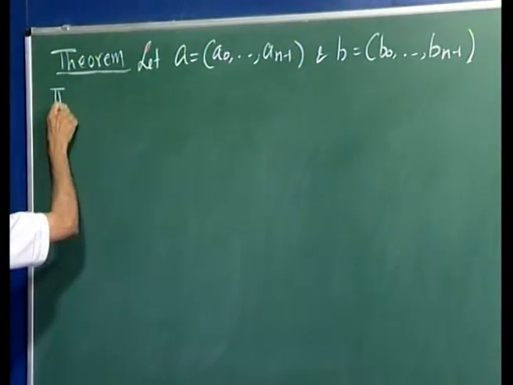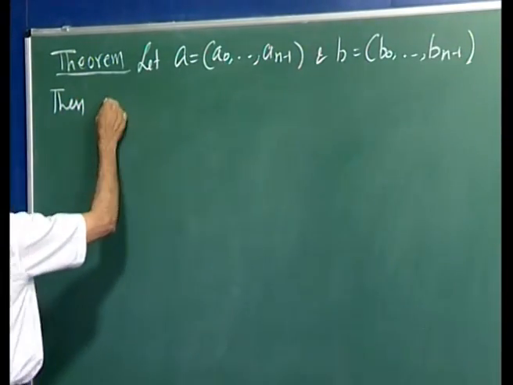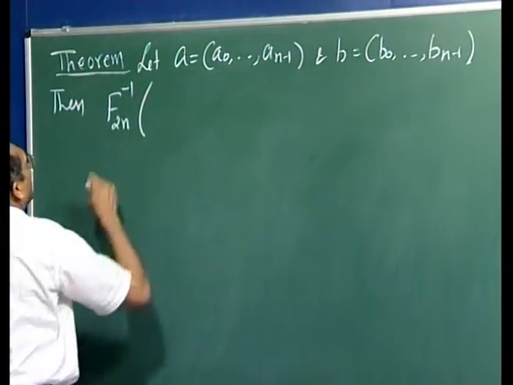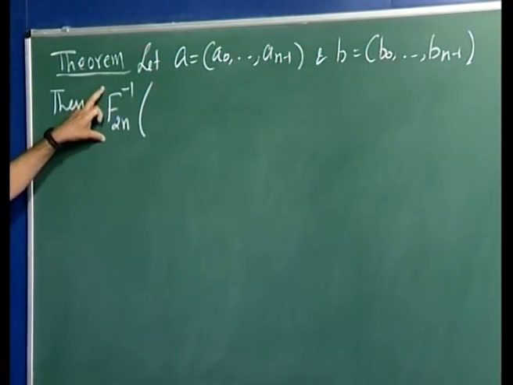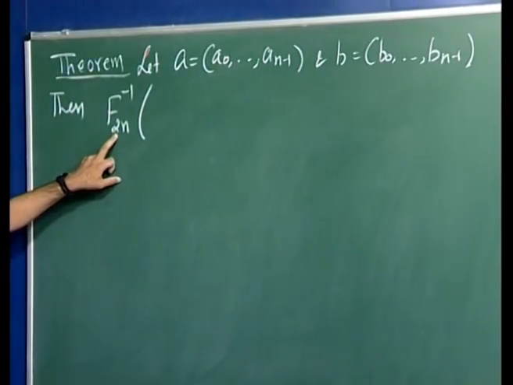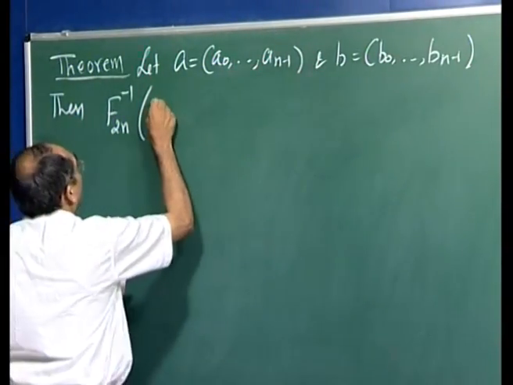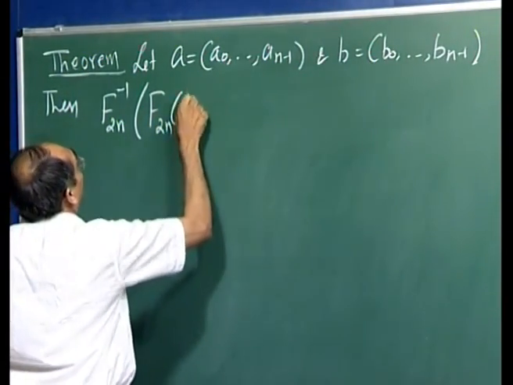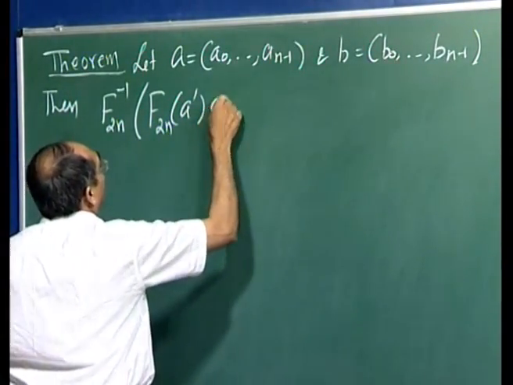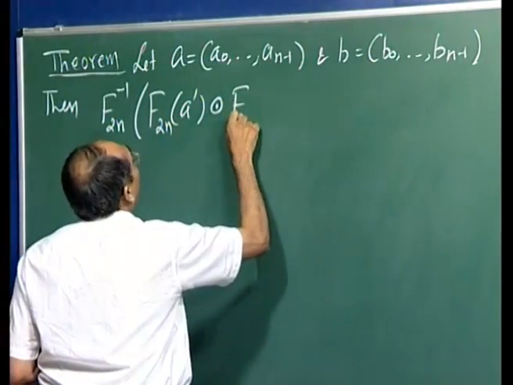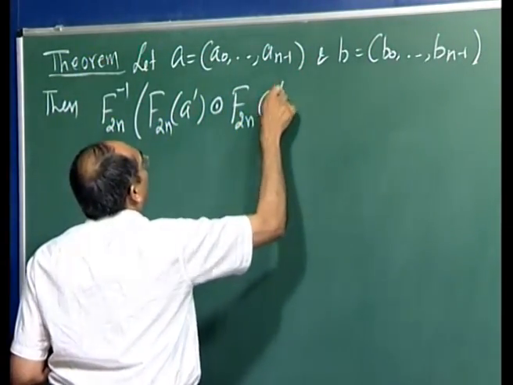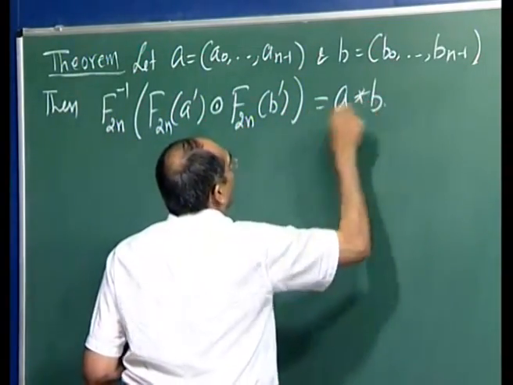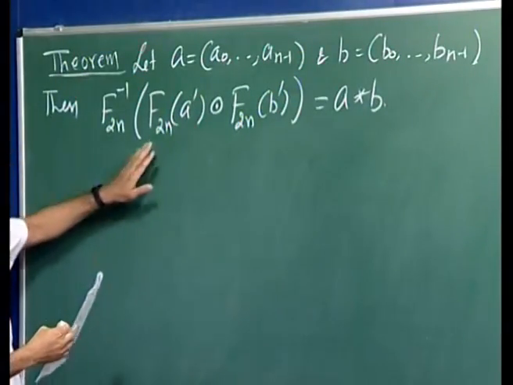Then the inverse Fourier transform of size 2n of the Fourier transform of size 2n of the vector A prime, times B prime, is A star B. So, let me first define.